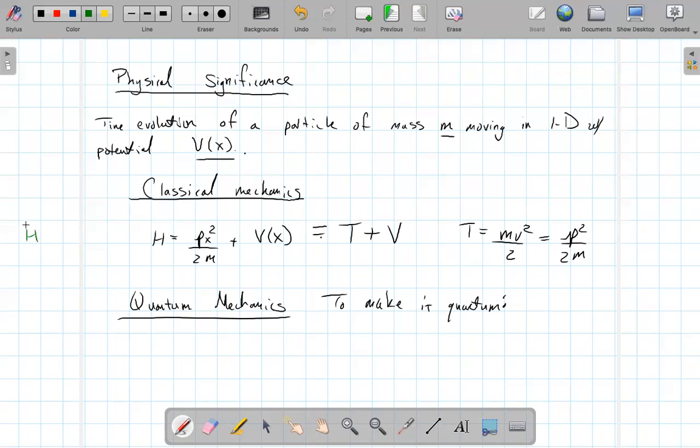But the Hamiltonian is related to the Lagrangian by the partial derivative of the Lagrangian with respect to the velocity, times the velocity, minus the Lagrangian. So this is what we call the Hamiltonian. The Hamiltonian is actually a Legendre transformation from the Lagrangian.